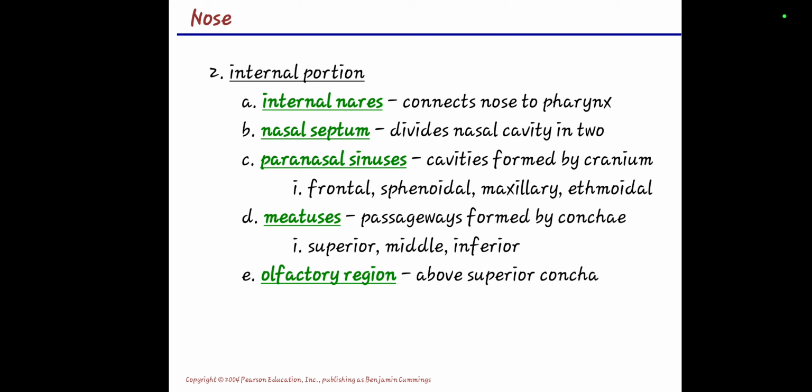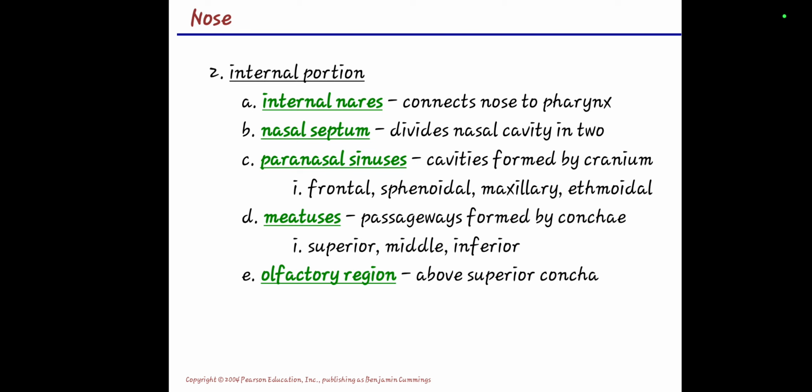This is a separation of two chambers, like the straight line of your nose. That straight line of your nose is a division of the cartilages into two separate chambers, and that is also called the nasal septum.